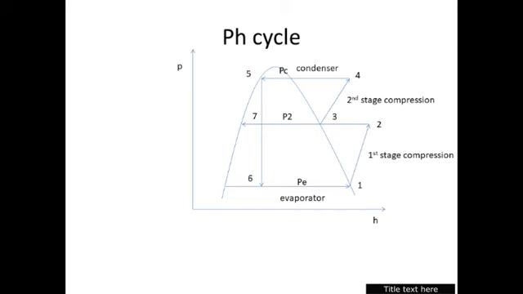So from 4 to 5, we have the condenser. The condenser is always at constant temperature and constant pressure. So the condenser will act as a heat removal device. It will remove as much heat as possible, and it will convert the superheated vapor into subcooled liquid.